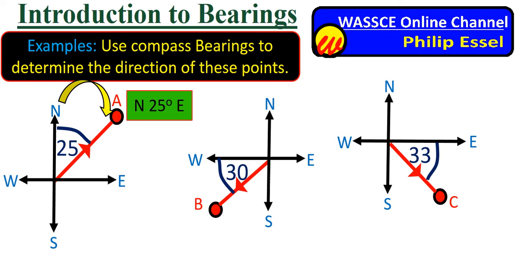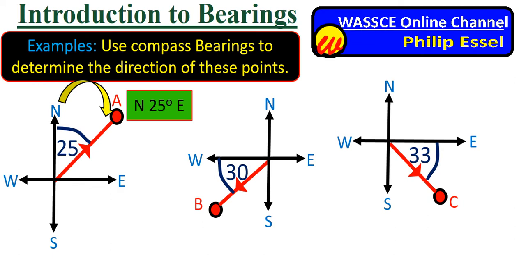So what this means is that we would have to find the angle between B and the south pole. How do we find this angle? Remember, the angle between the west pole and the south pole is 90 degrees. So if we have 30 degrees between the west and the point B, to find the angle between the point B and the south pole, we simply need to subtract 30 from 90.